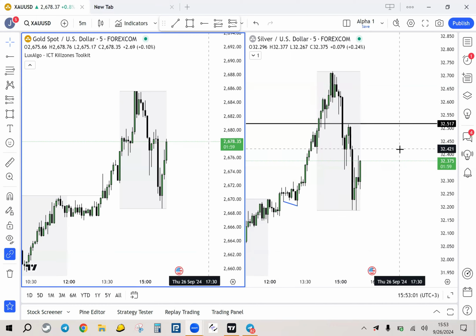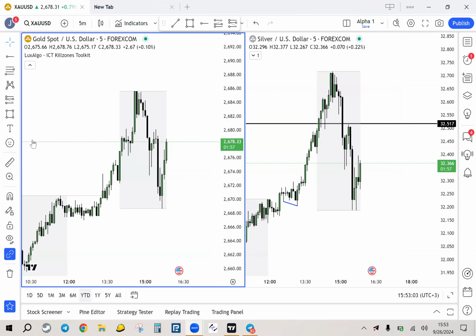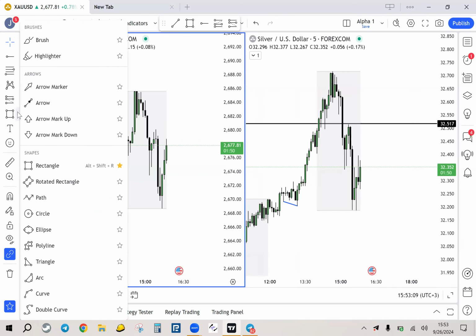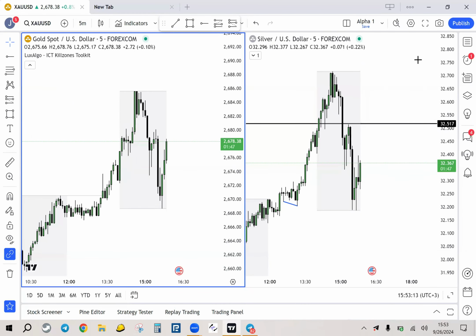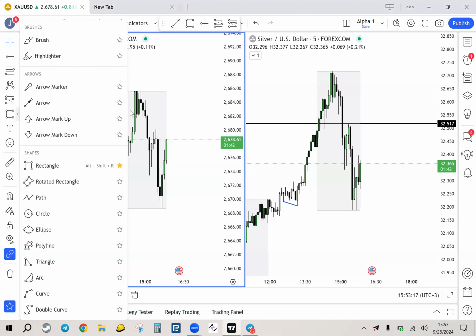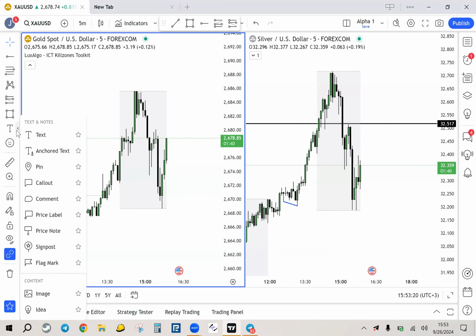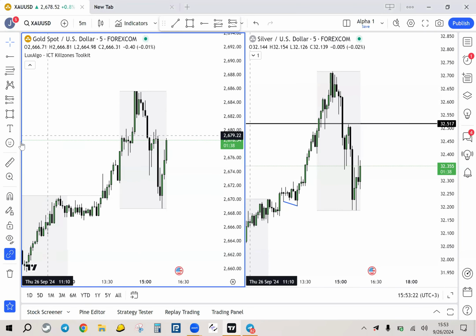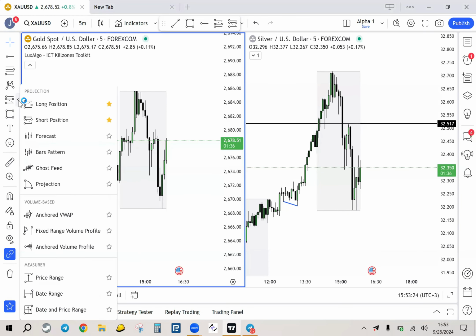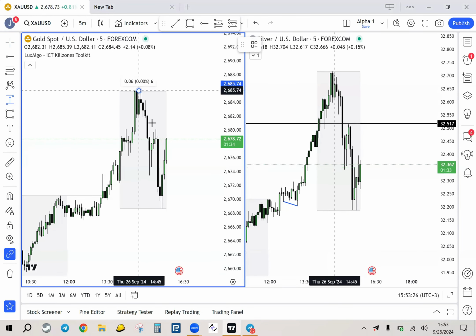Because, you know, a pullback in a normal market condition is going to be, I don't know, 50% of the last range, and pip wise is going to be, I don't know, 50, 60 pips, whatever. Okay. But if you're trading at all-time highs, then there's a big likelihood that your pullbacks are going to be quite big.